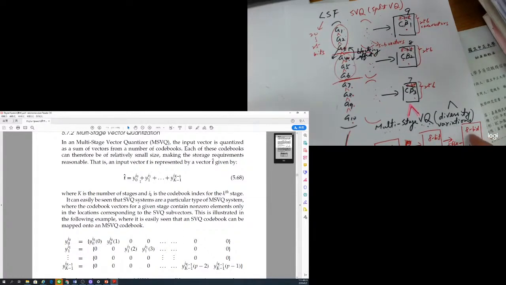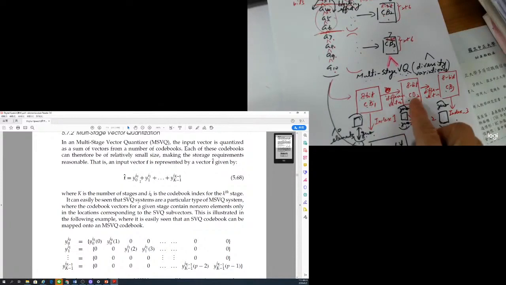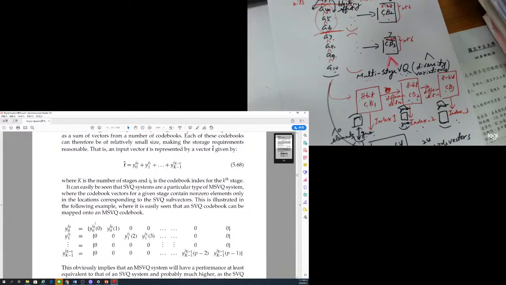In the decoder, this covector, this covector and this covector will be combined together: the first covector, second covector, third and so on, depending on how many partitions.